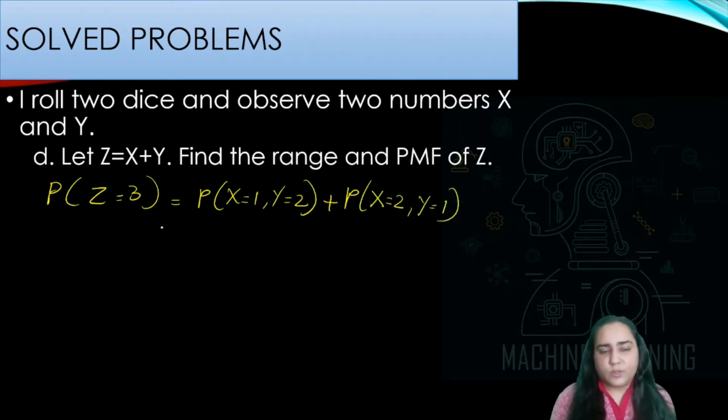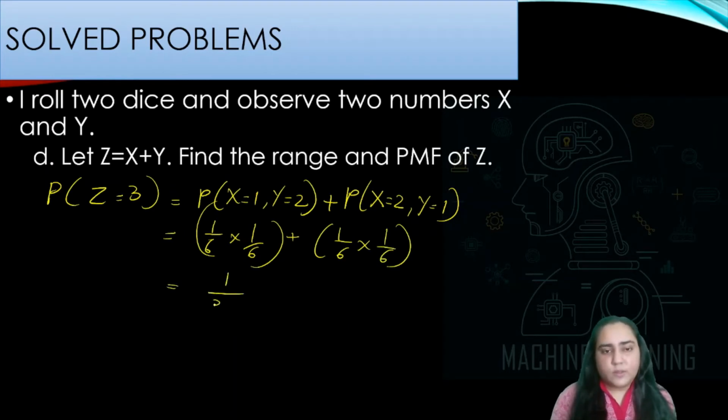These are the only two possibilities, which means you're going to be doing 1 by 6 into 1 by 6 plus 1 by 6 into 1 by 6, because all the probabilities are this. In other words, you are doing 1 by 36 plus 1 by 36, and that's going to give you 2 by 36, which would finally result in 1 by 18.